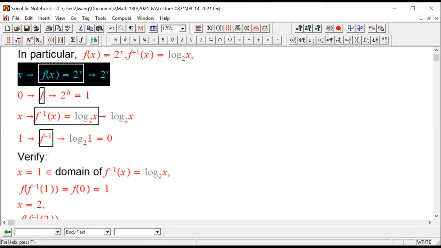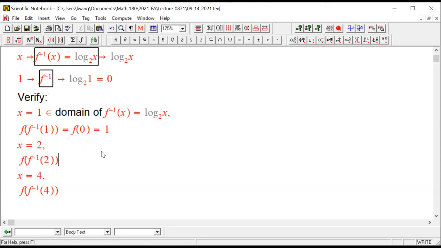So for 2, we will start with F of the inverse function, which is log base 2 of 2, and log base 2 of 2 is 1, right? So that's going to be 2 to the power of 1, which equals 2. Did you guys get something similar?